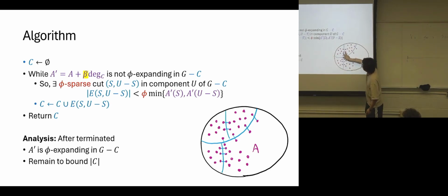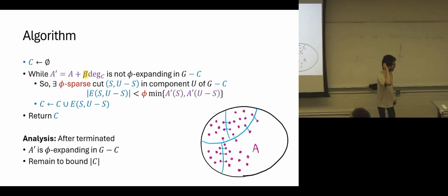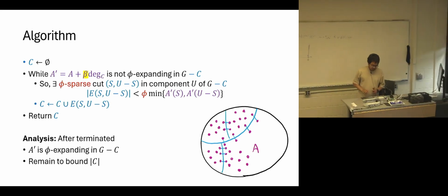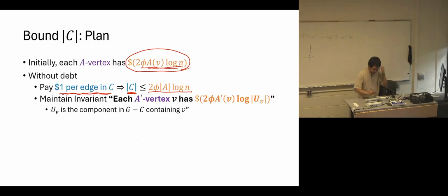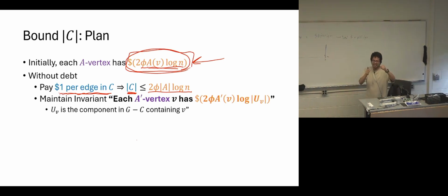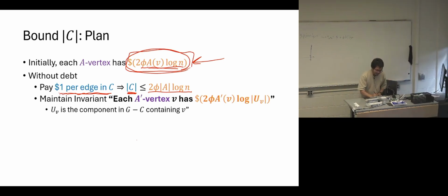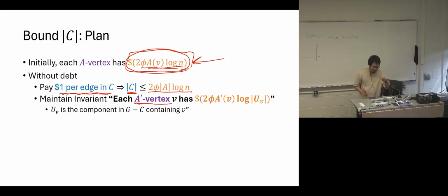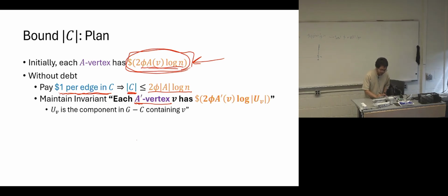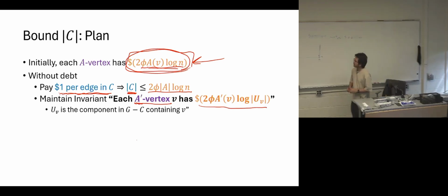When you find a new cut, there is new node weighting. But the initial money is just at A, and there are new nodes that have node weighting. So what I want is that every A prime vertex, the vertices in the new node weighting A prime, should have some money too. And how much? This much.